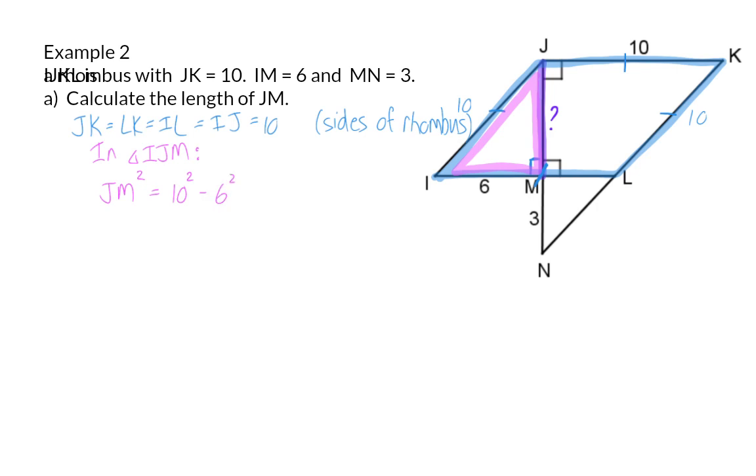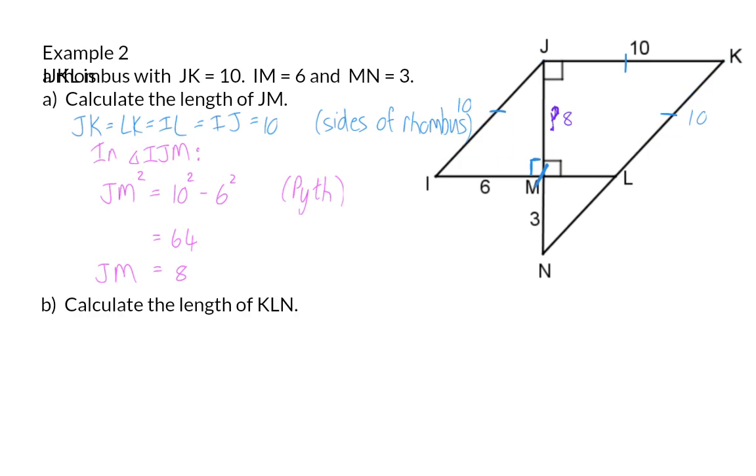And still my reason here is Pythagoras. 100 minus 36 is 64. And to now determine the value of JM, we need to take the square root, so JM is 8.